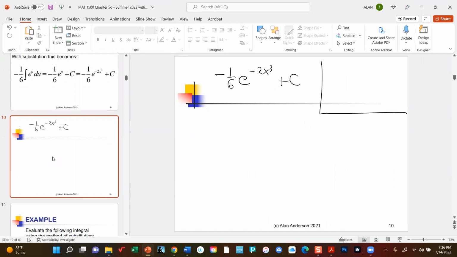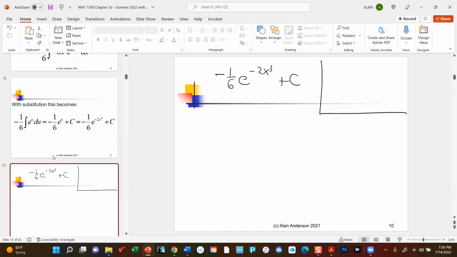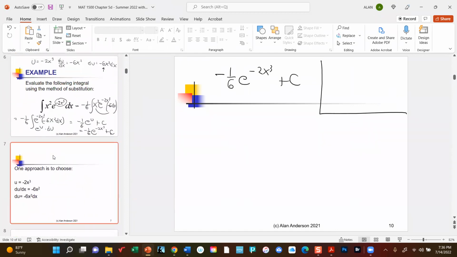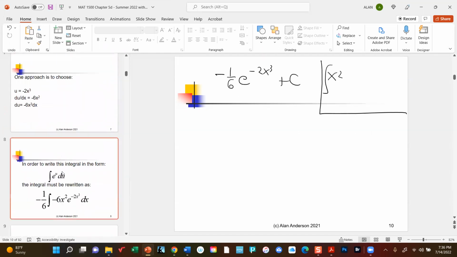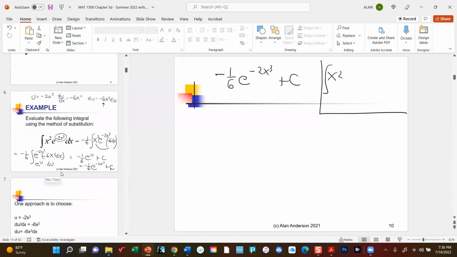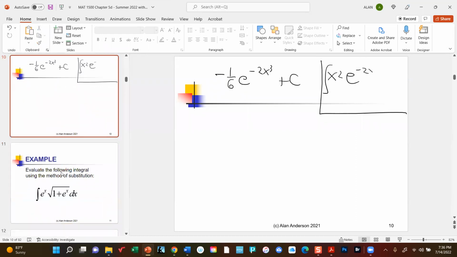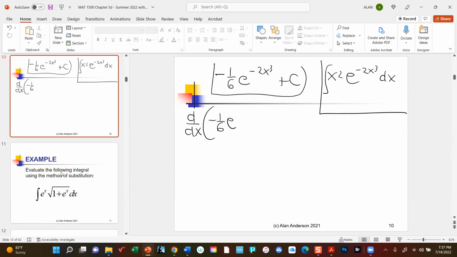Keep in mind, the original function that we integrated was x squared e to the minus 2x cubed. For this to be the correct integral, it must be true that when we differentiate it, it gives us back the original function.